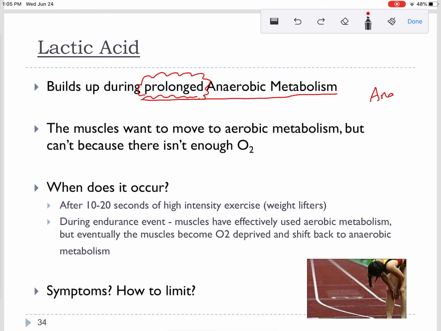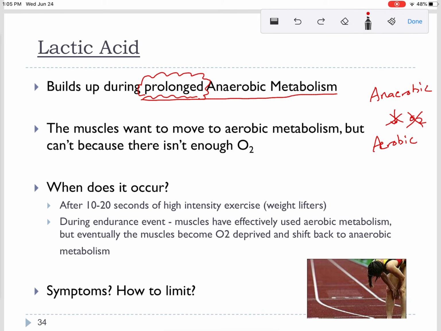And the only reason that you wouldn't be able to move from the anaerobic metabolism to the aerobic metabolism is not having oxygen, because that's the only real difference. In order to move from the anaerobic means to the aerobic means, you just need oxygen.